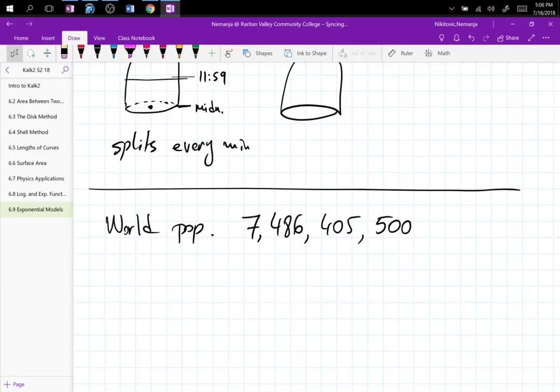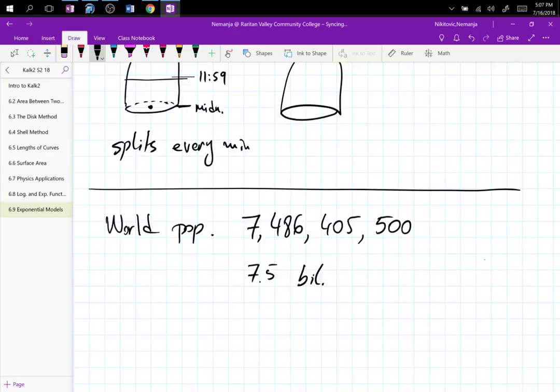So now what I have is the world population count. Now, obviously, this is constantly increasing, so I'm just going to call this 7.5 billion because it rounds to that.